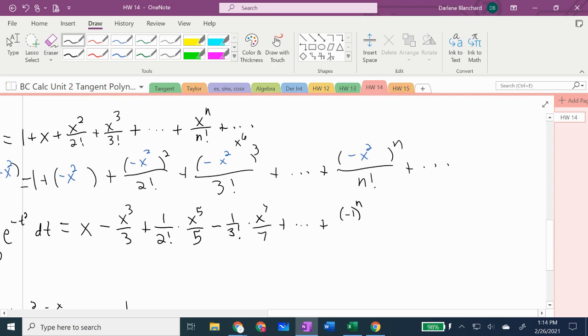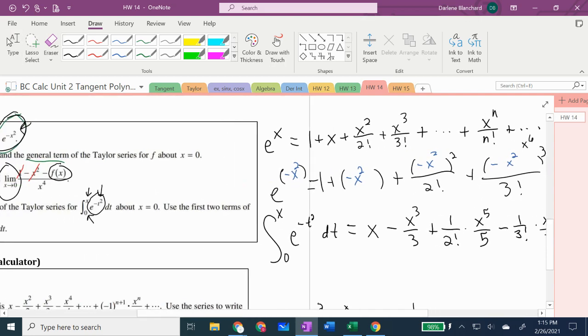And before integrating, I simplify and separate -1 to the n, and I have x to the 2n. And when I integrate x to the 2n, I will get x to the 2n plus 1 over 2n plus 1. So that is the integral from 0 to x.